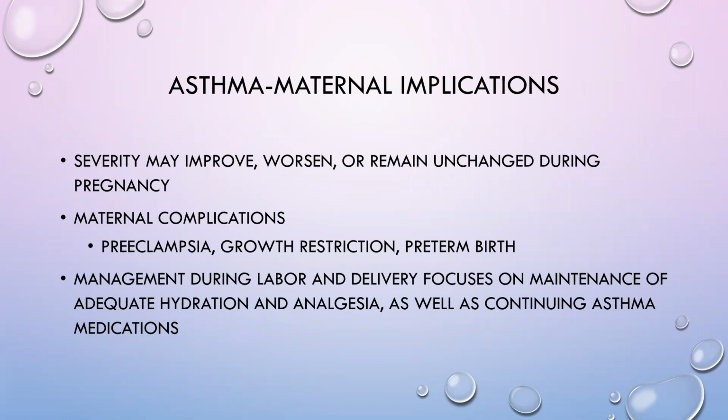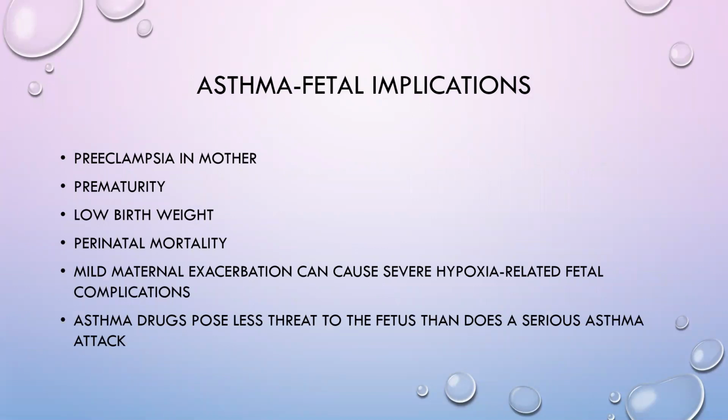We may have to use analgesics to help them remain calm and comfortable, and asthmatic medications in order to control any asthma exacerbation. Fetal complications include prematurity, low birth weight, and perinatal mortality. Remember that even a little bit of an asthmatic exacerbation can cause severe hypoxia in the fetus.